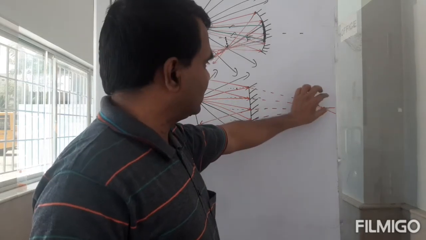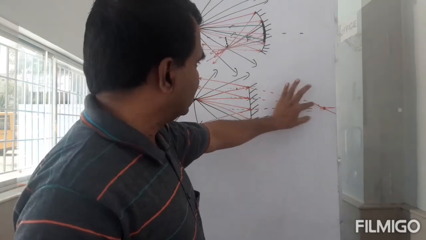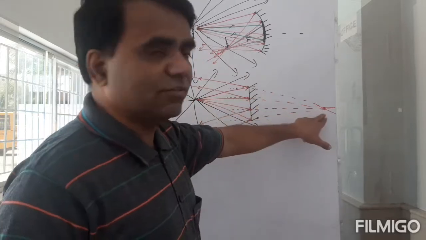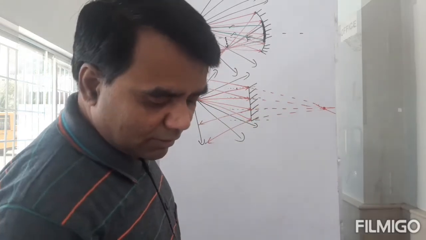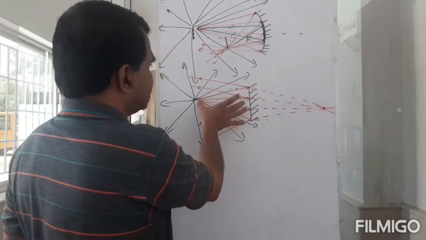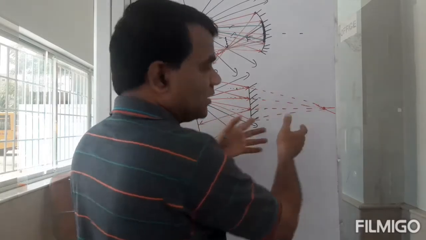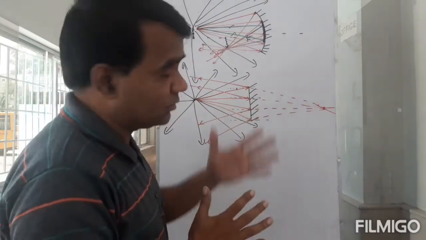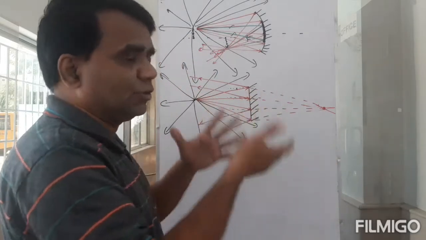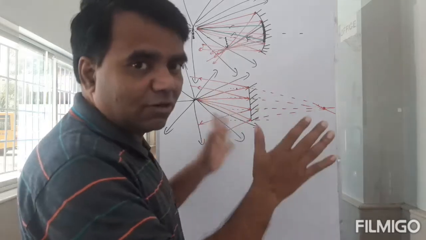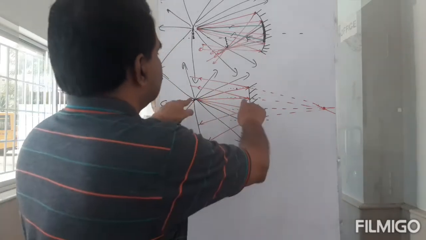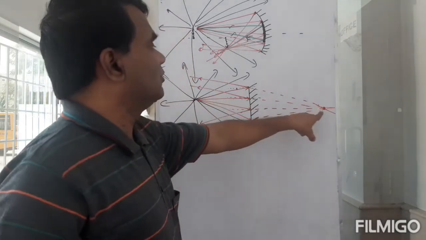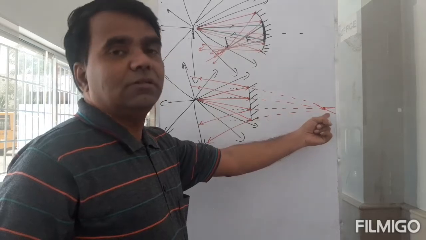The rays look like they originate from this point. You can see that this distance and this distance will be the same. I have not drawn the picture to scale, but if you draw it to scale, all these things will fall in place. Then you have a virtual image here.